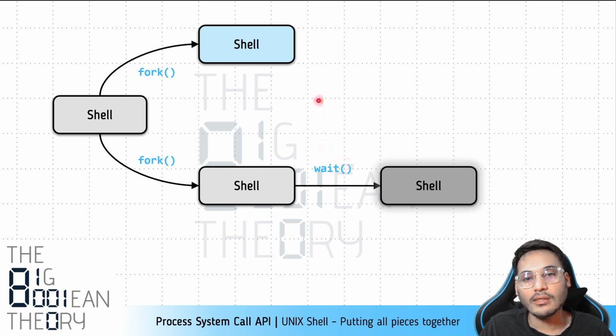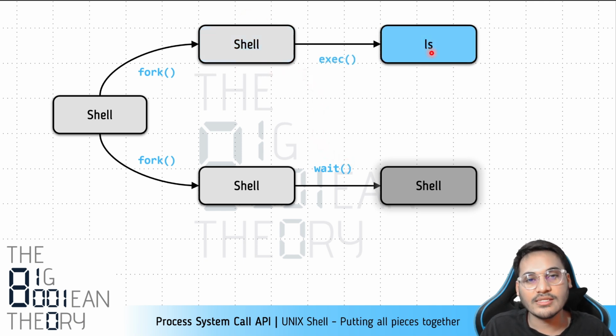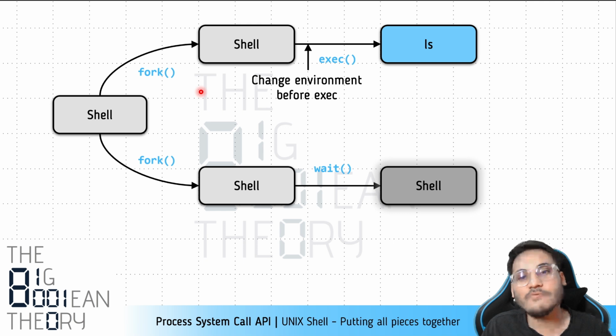Then the child process that the shell has created calls exec to execute the command that we have given. And then we talked about why there is a separation of fork and exec: just before executing the command that the user has given, we can change the environment.